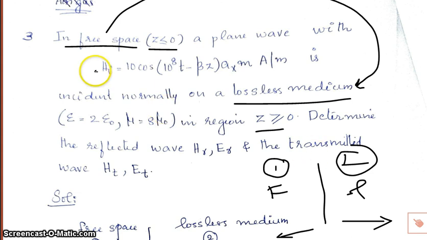Next, you have to find the direction of H_i, E_i and the electromagnetic wave. Here it is beta z, so the electromagnetic wave is along the z axis. Then here a_x, that means the magnetic field is along the x axis, so obviously the electric field is along the y axis.